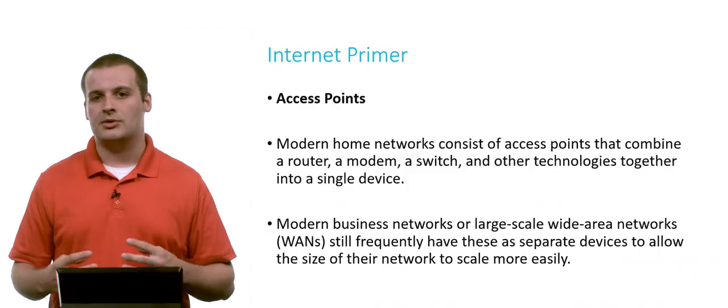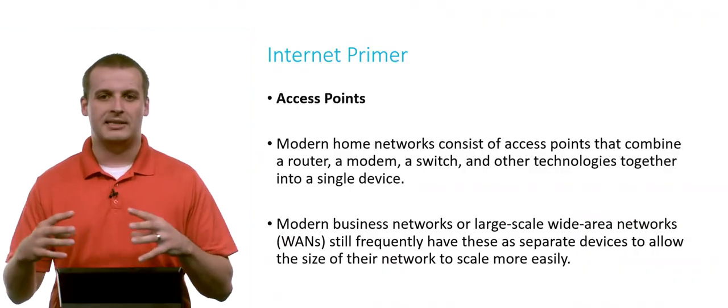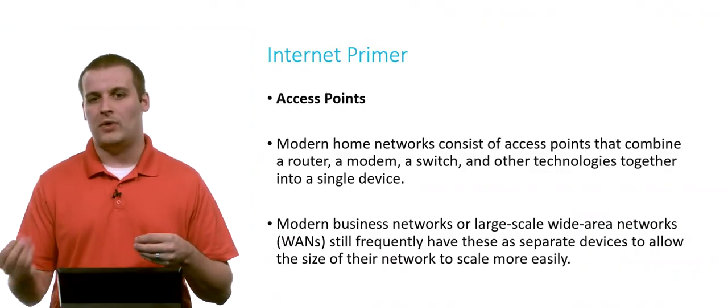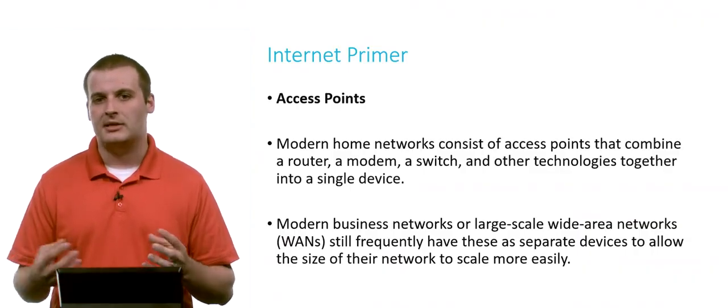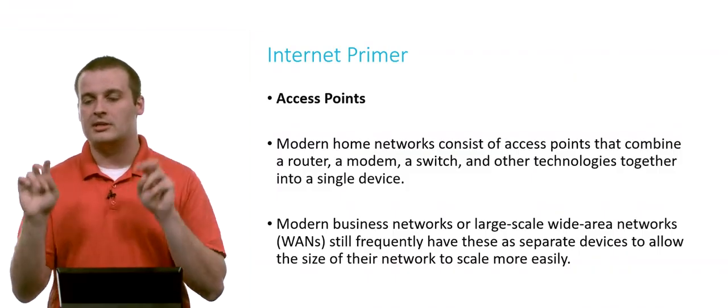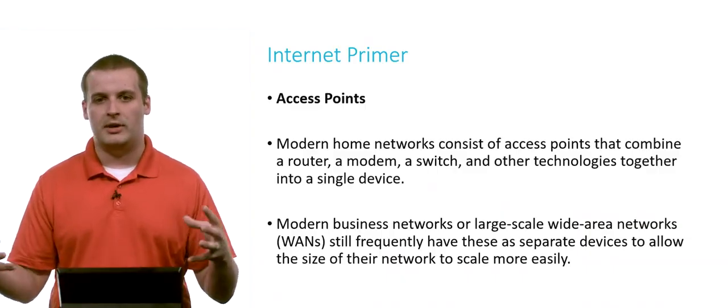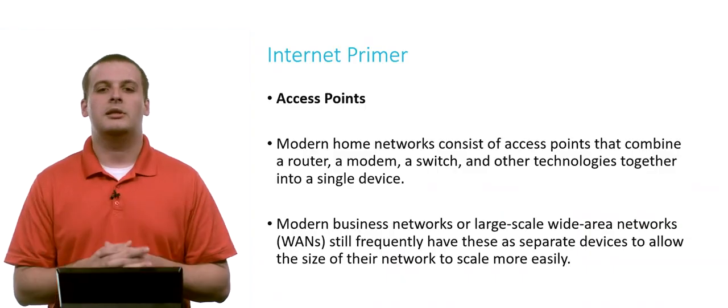Large-scale business networks, or so-called wide area networks, WANs, actually keep these devices separate. They have a switch, they have routers, they have multiple access points. For example, at a university, you'll see things that look like so-called routers mounted all around campus. Those are all access points that flow into routers, switches, etc., to pass information along.